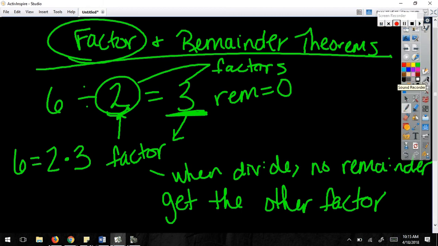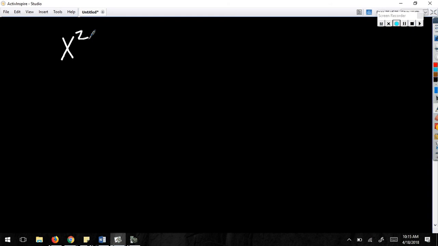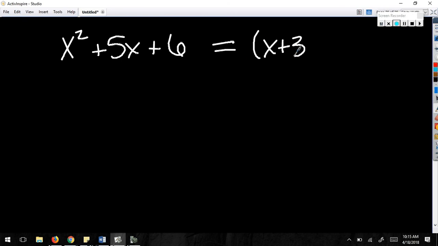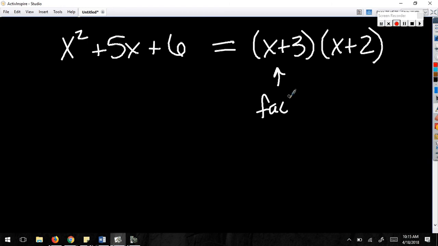Now, instead of talking about a 6 and a 2 and a 3, we've talked about things when we factor like x squared plus 5x plus 6. This is a factor because both of them multiply together.